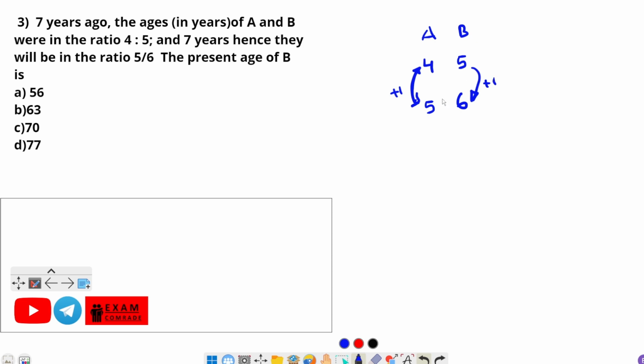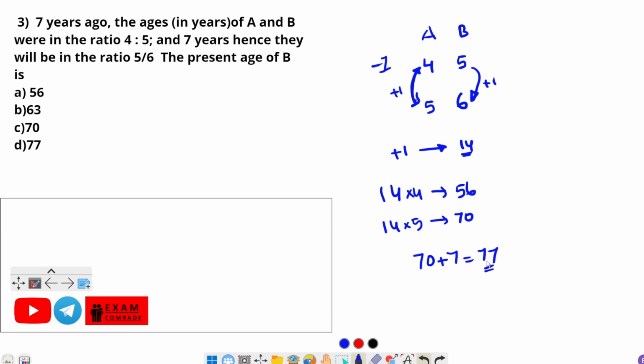So this difference is given as 14. So plus 1 equals 14. Okay, so 4 parts is 14 into 4, that is 56. B's value is 14 into 5, 70. What is asked is the age. This is before 7 years. So just add 7 to the 70. That is 77. D is the right answer. Okay.